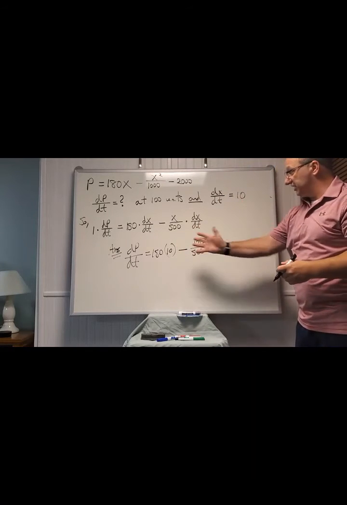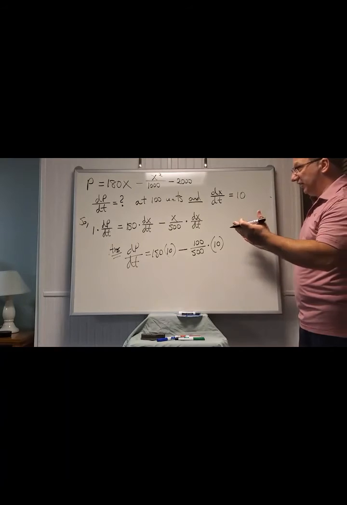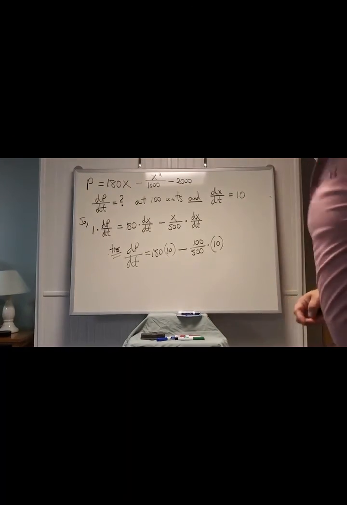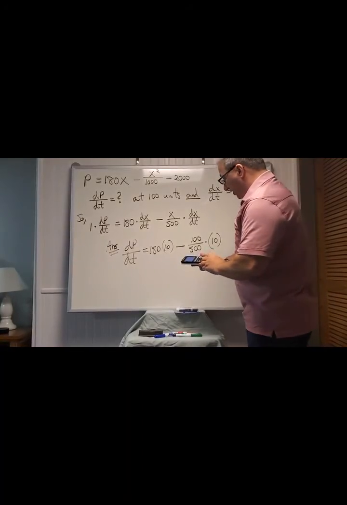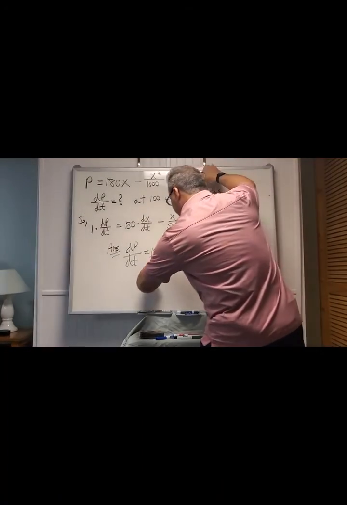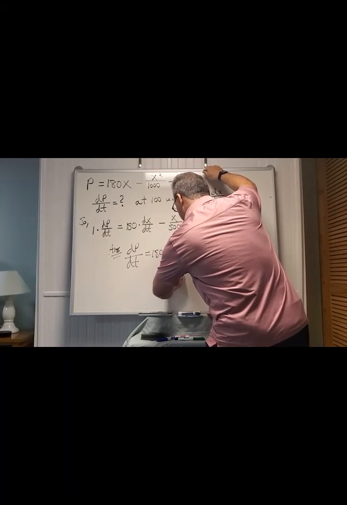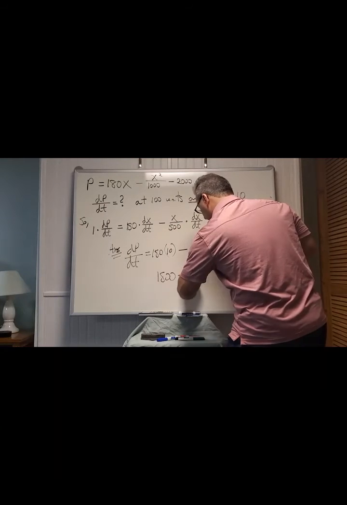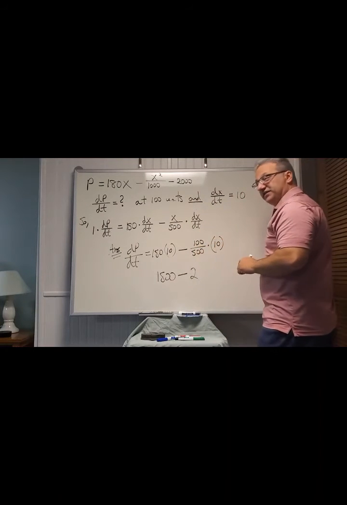So this is just calculator work, and we get our answer. Let me get my calculator. Apologize for me leaving the screen. 180 times 10 is 1800, minus 1/5 times 10, or 2. Right? 1/5 of 10 is 2.